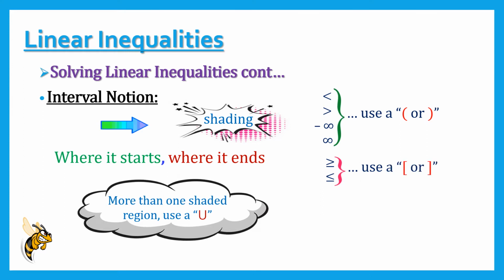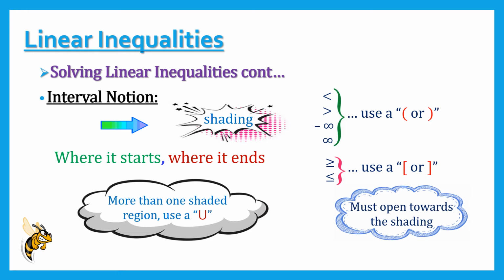In some programs, the parentheses is an open circle, and the bracket will be a closed, shaded circle. Okay, they mean exactly the same. Now, whenever you're using a parentheses or a bracket, it must open towards the shading, almost as if it's trying to eat the shading.